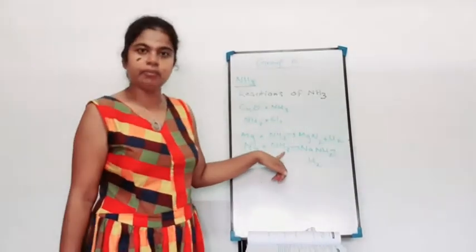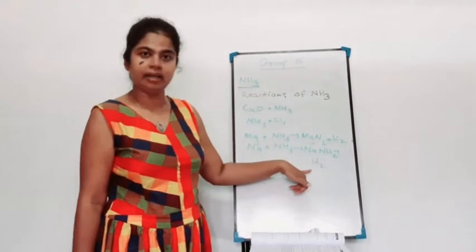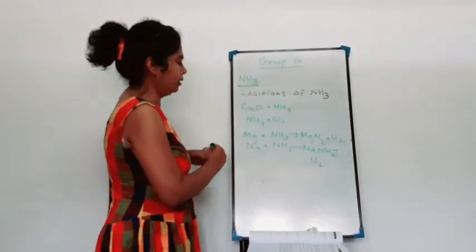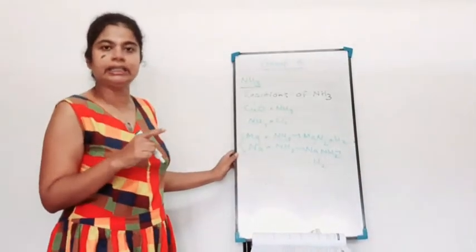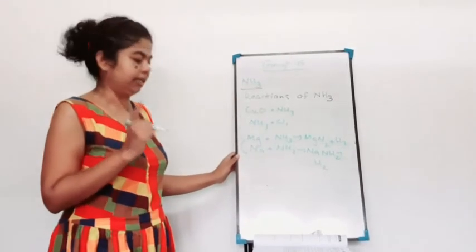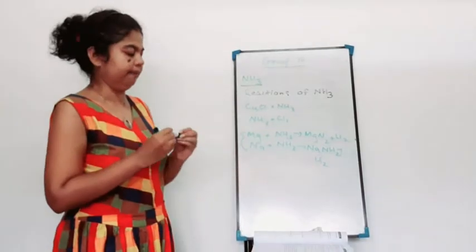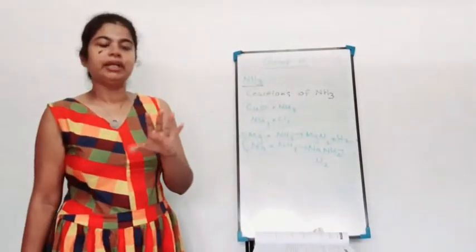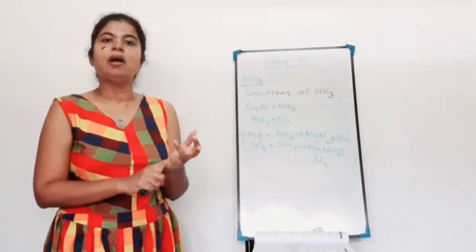Sodium with ammonia gas, sodium amide and hydrogen. Okay, in both cases, ammonia is acting as the oxidizing agent. Okay. Now, what have you learned about ammonia? Ammonia can act as a weak base.